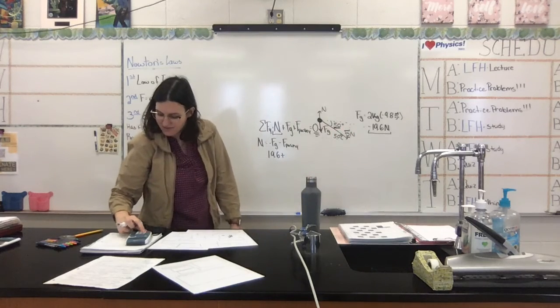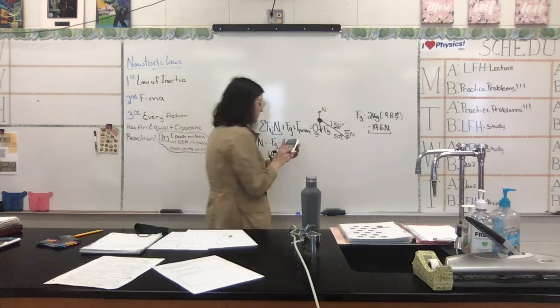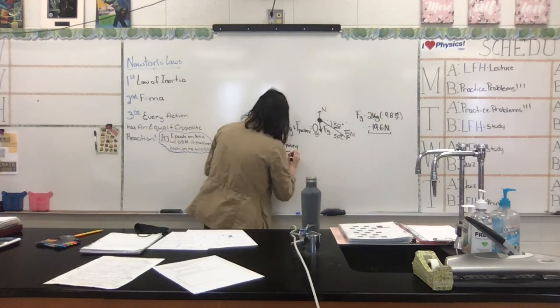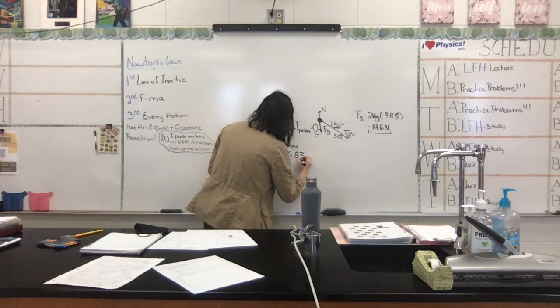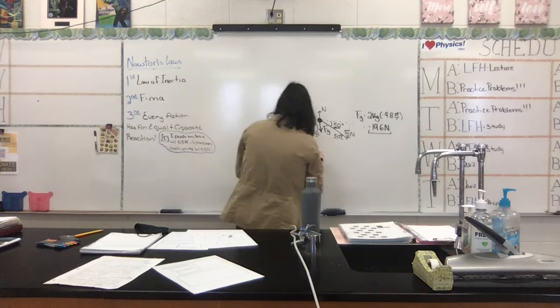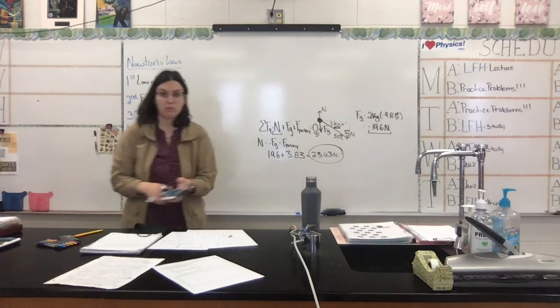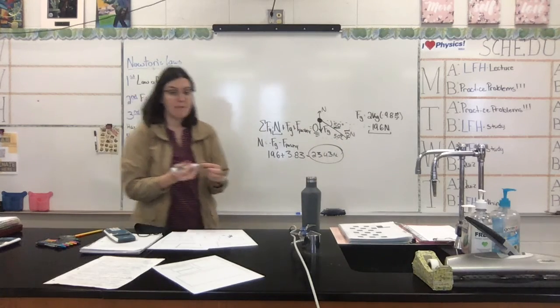And when we do 5 sine of 50, we get 3.83. So we would have 19.6 plus 3.83, which is going to give us 23.43 newtons of normal force for number 8.